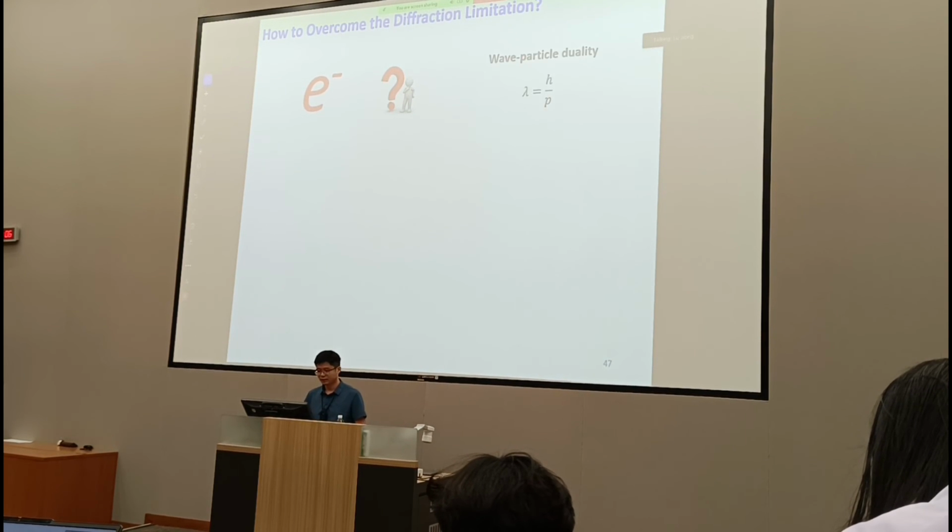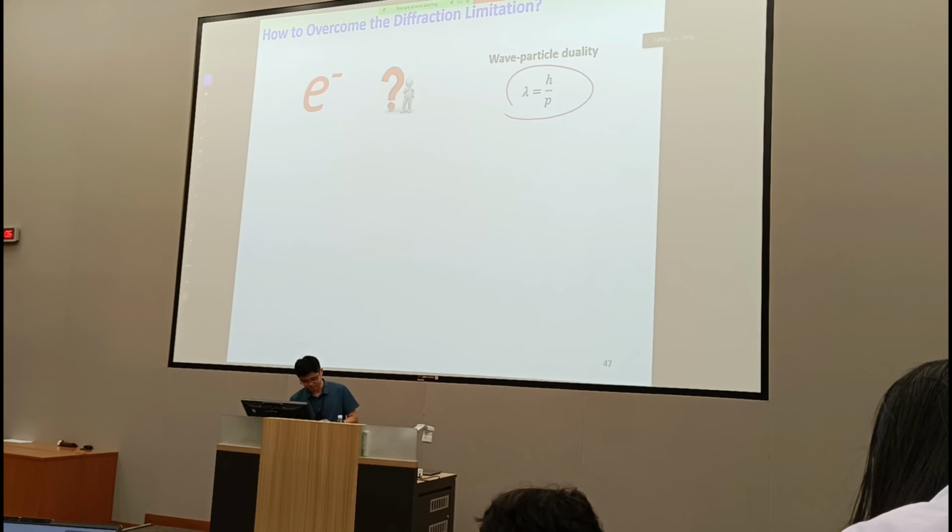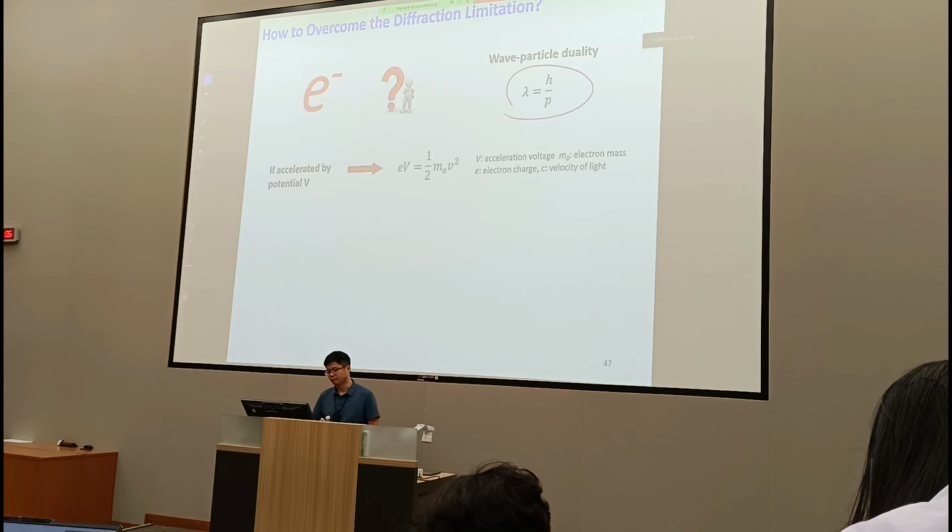The wave-particle duality of electrons is defined by the de Broglie equation: lambda equals h over p, where h is the Planck constant and p is the momentum of the particle, which is m times v. So m times v, the momentum of the electrons, is also associated with their energy.